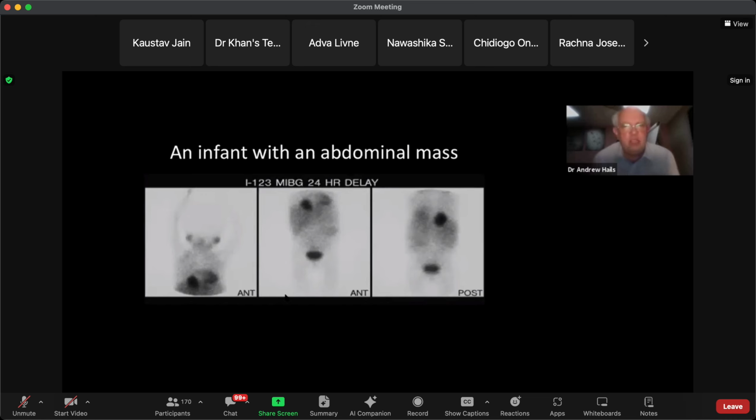And that's what this was. And just to point out the obvious, because somebody a while ago asked me, was this really a child? You can see it is a child, just from the size. There is some relationship between the size on a nuclear medicine image and the size of the real object. So it's a child and it's a neuroblastoma.